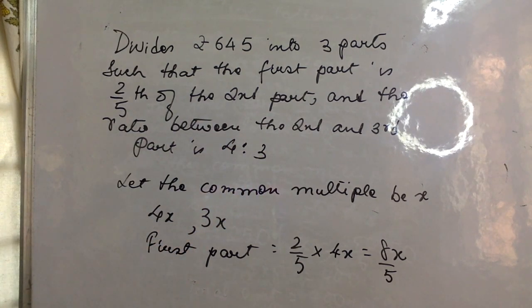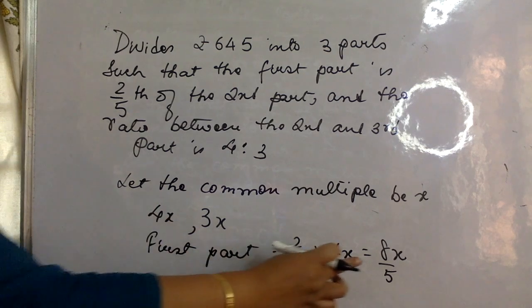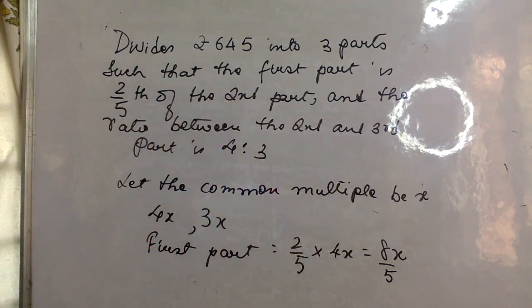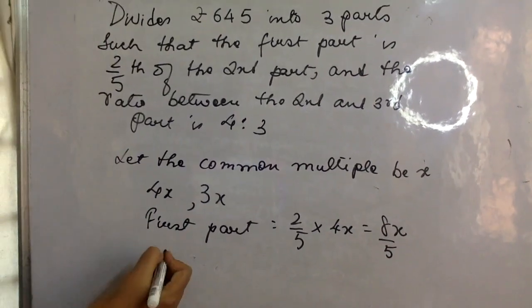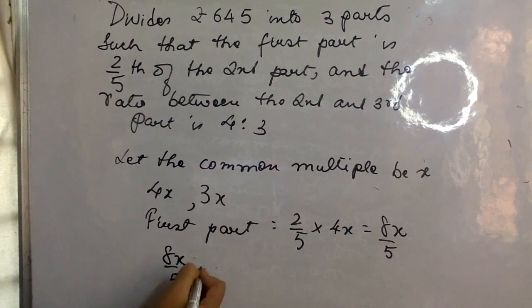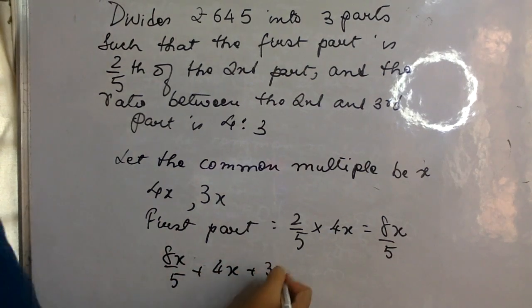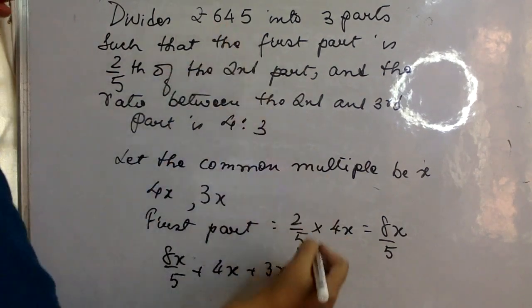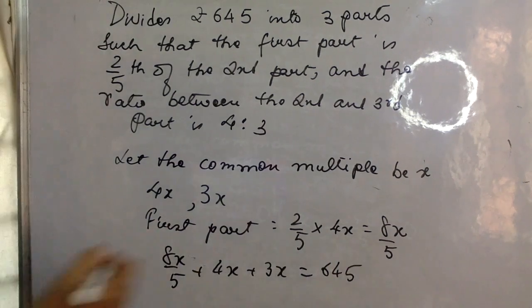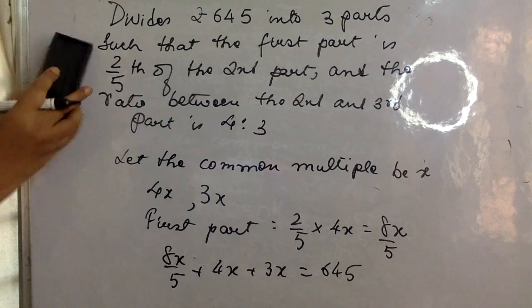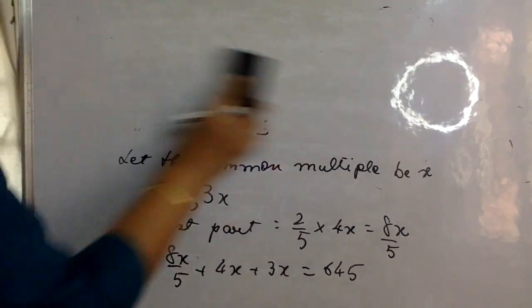Now I'll have to form one simple linear equation because everything I've got in terms of x now. So my simple linear equation is going to be 8x by 5 plus 4x plus 3x, which is equal to 645, right? So that is the simple linear equation that I am forming. Now how to solve this simple linear equation?